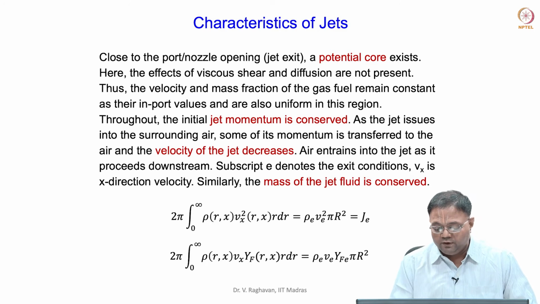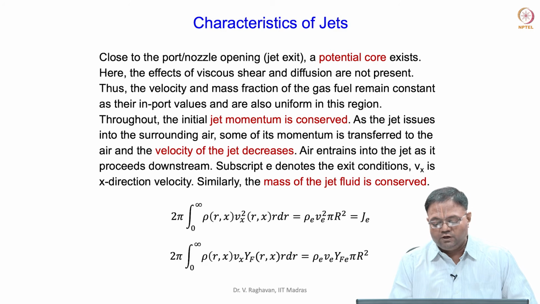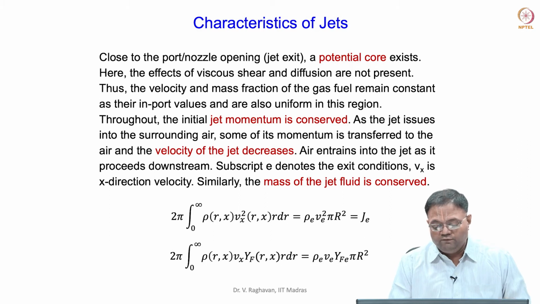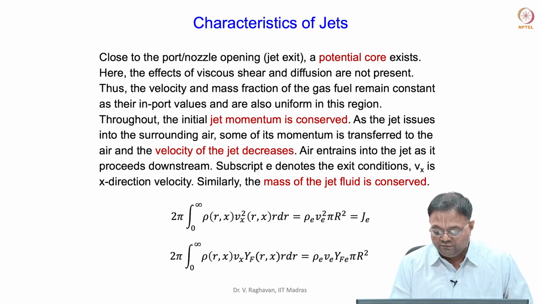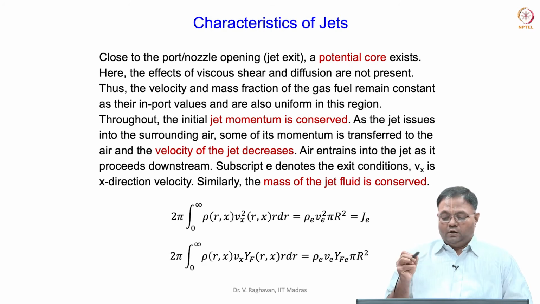If you integrate it, at any x location it will be equal to the initial jet momentum, rho e, the density at x equal to 0, times v, the average exit velocity, squared, times pi r square, the area of cross section. That is defined as the initial jet momentum Je.